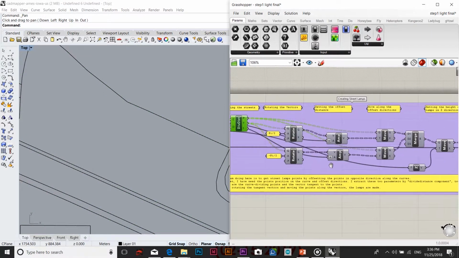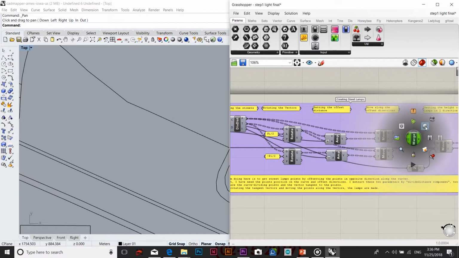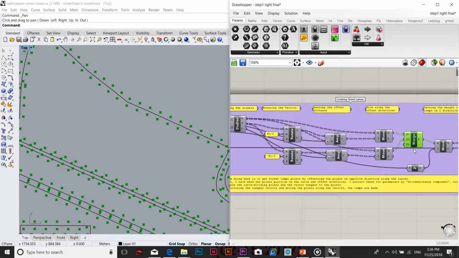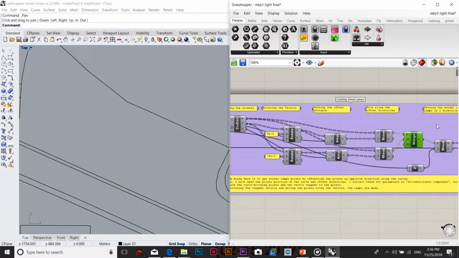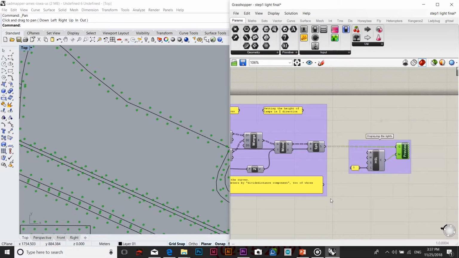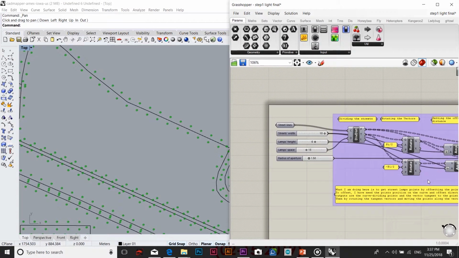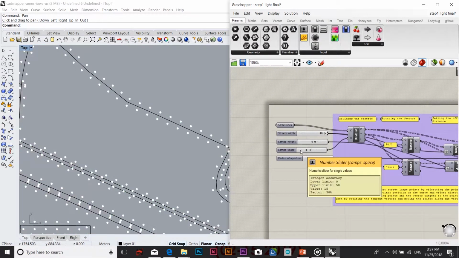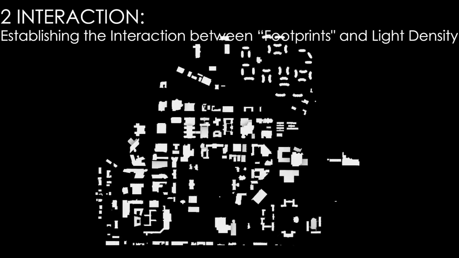By offsetting the points at half of the street width in the opposite directions perpendicular to the tangent vectors, the lamps' positions are got. And by adding a radius to it, here are the flexible lamps. It can be adjusted according to the street width, lamp space, lamp's height, and the radius of the lamp's aperture.